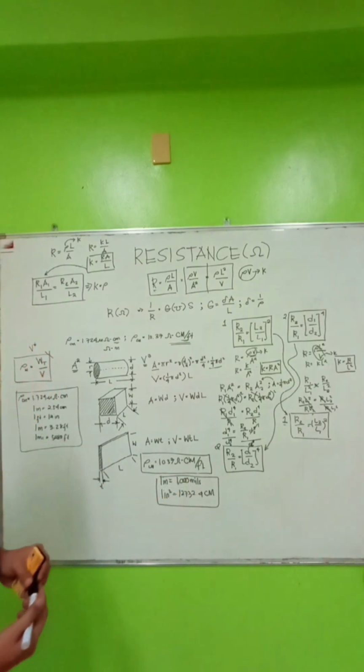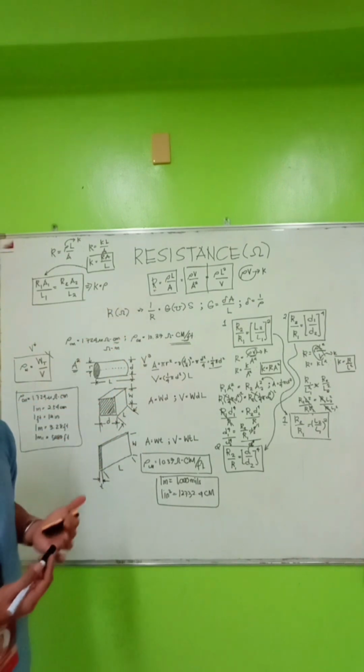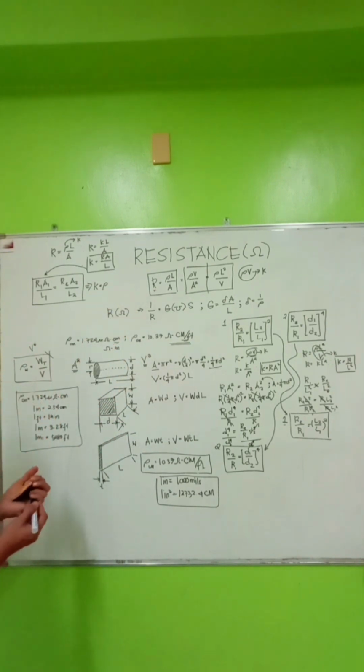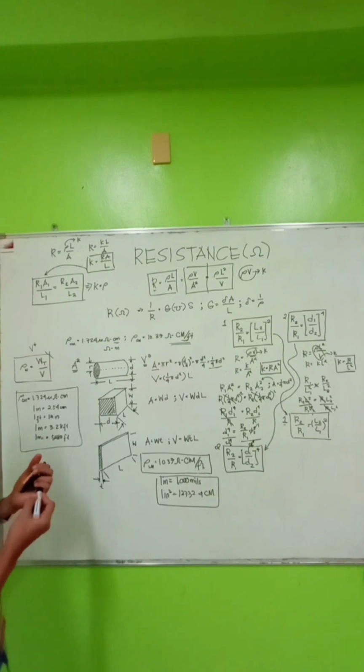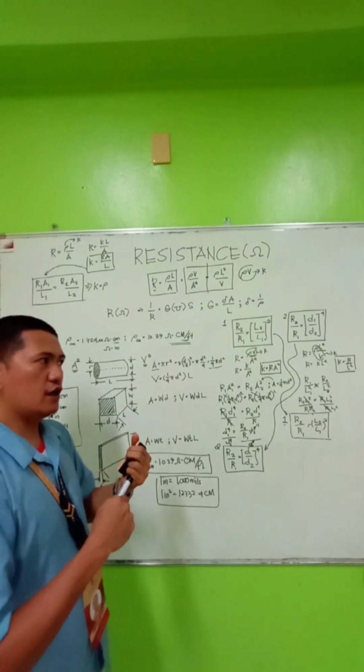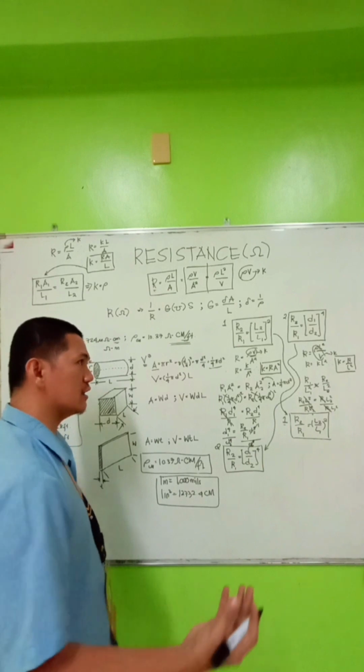What are the other things that you need to remember in dealing with resistance problems? Also, if you're dealing with a cable, a cable is in cylindrical shape, right?